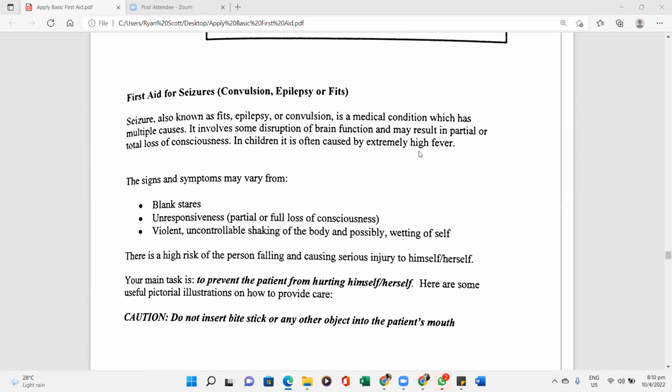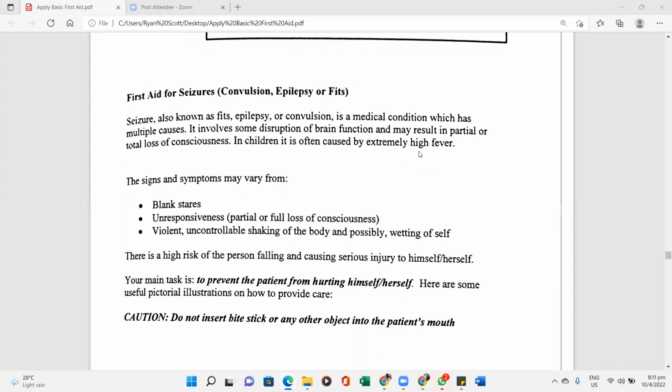seizures, all right? First aid for seizures, convulsions, epilepsies, or fits. Seizures, also known as fits, epilepsy, and convulsion, is a medical condition which has multiple causes. It involves some disruption of brain function and may result in partial or total loss of consciousness.